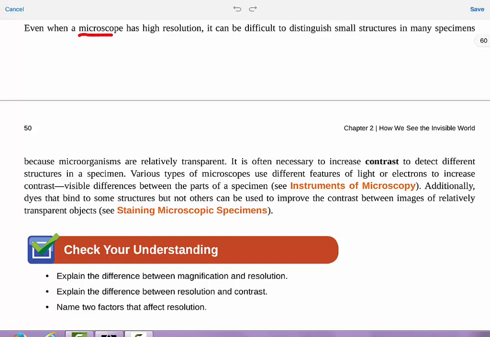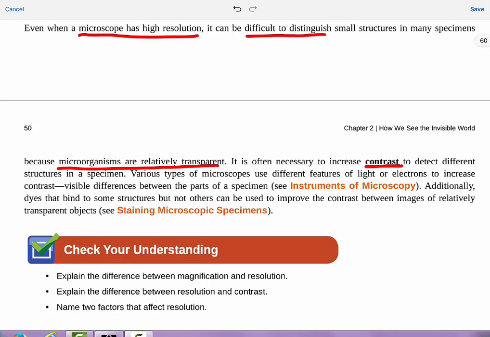Even when a microscope has a high resolution, it can be difficult to distinguish small structures in many specimens because microorganisms are relatively transparent. So even when we have something with a high resolution, gathering a lot of light, using short wavelengths like electrons rather than visible light, it is often necessary to increase contrast to detect different structures in a specimen.